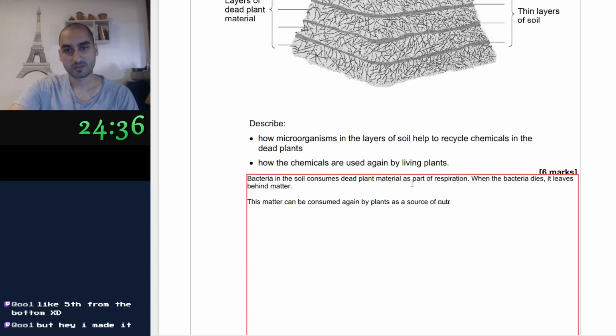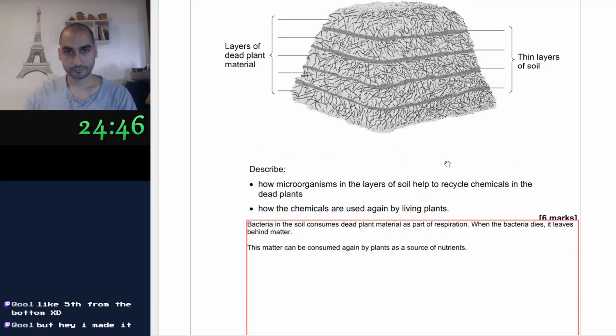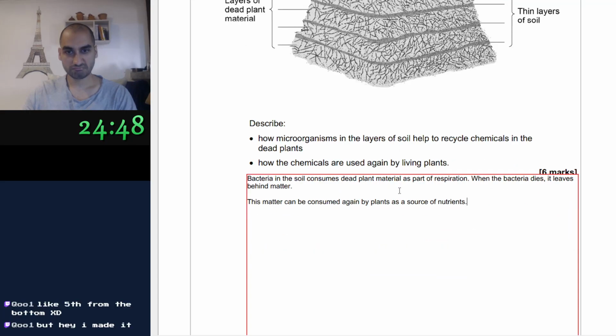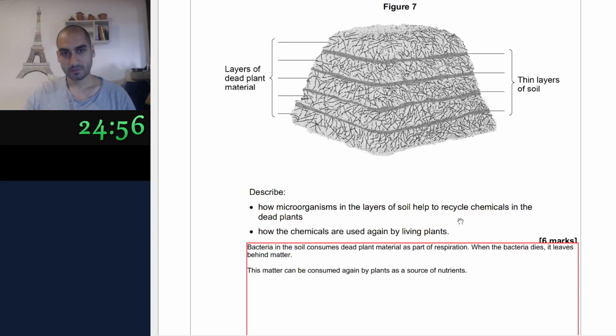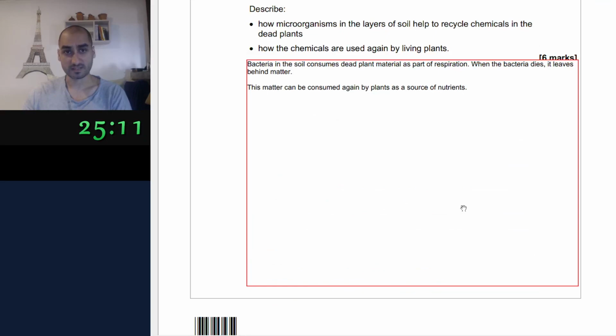Nutrients. Just arbitrary nutrients, I don't know which ones. That is not worth 6 marks, it's probably not even worth 2. That's all I can think of. I don't know where the other marks come from, naming specific processes and stuff.